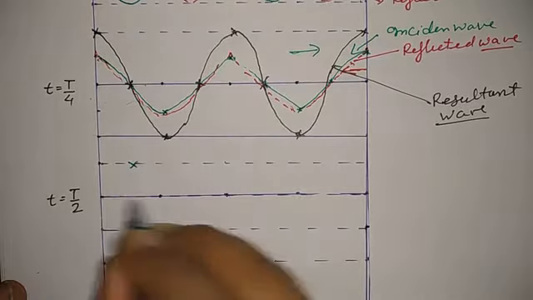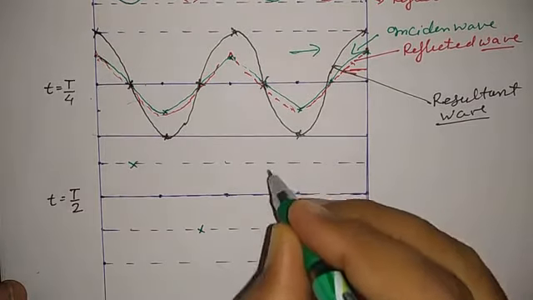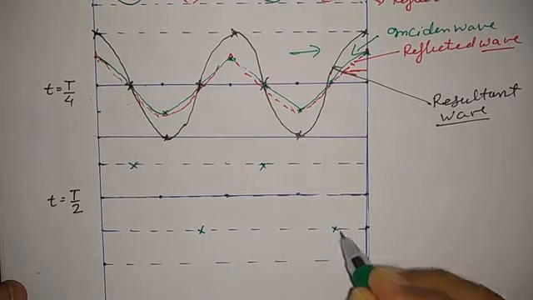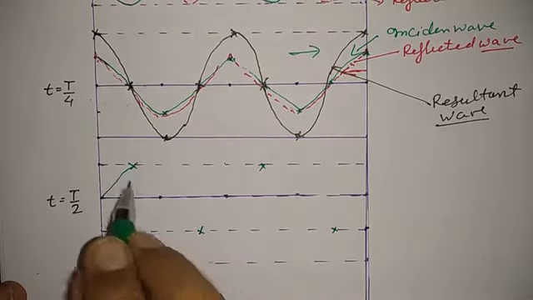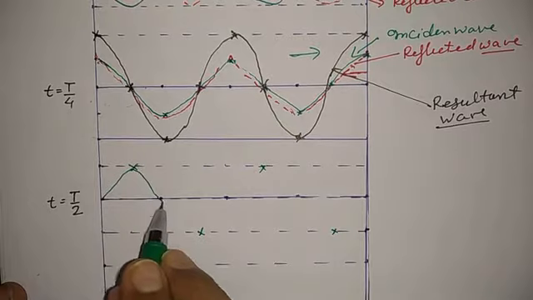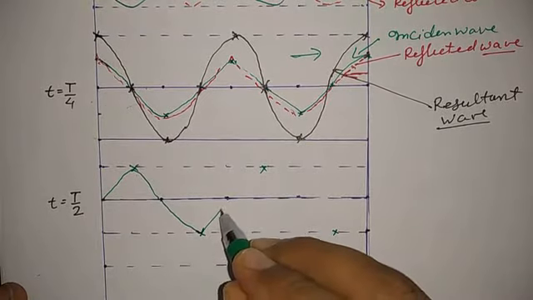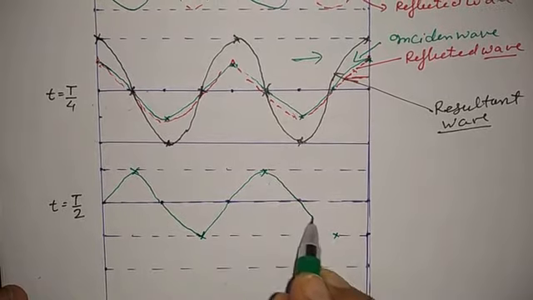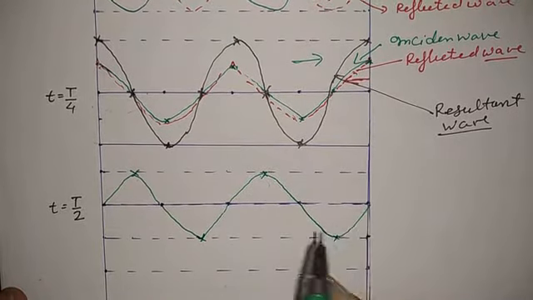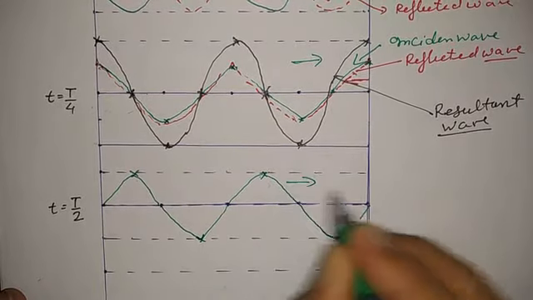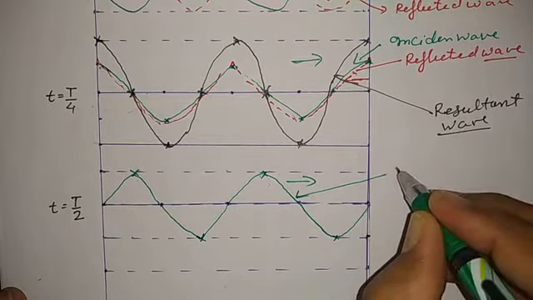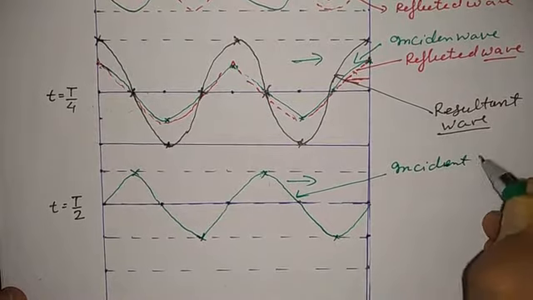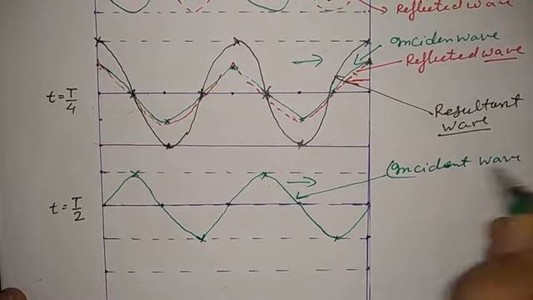So see it is their displacement vectors. It is a pure sine wave with positive. This is the incident wave in that. What is this? Incident wave traveling along it.